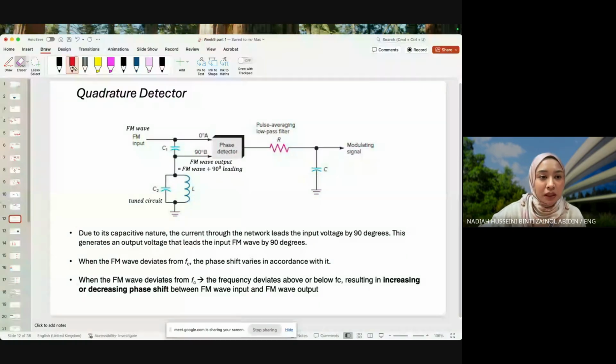What happens here is we have an FM wave. We split it into two. One is applied directly without any changes, which is why it's called 0 degrees, because there's no phase shift. The other signal is passed through this tune circuit, and because of the nature of the tune circuit, it produces a signal that leads the FM wave by 90 degrees.